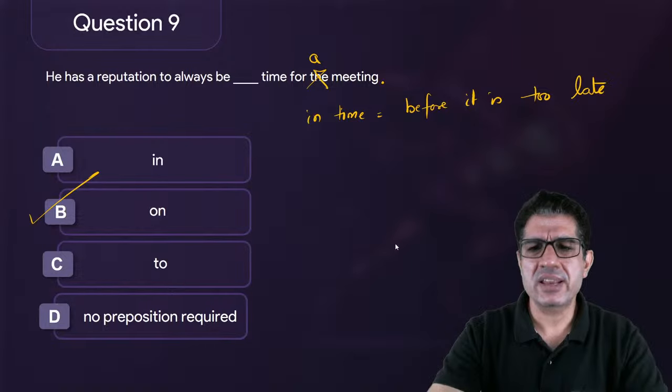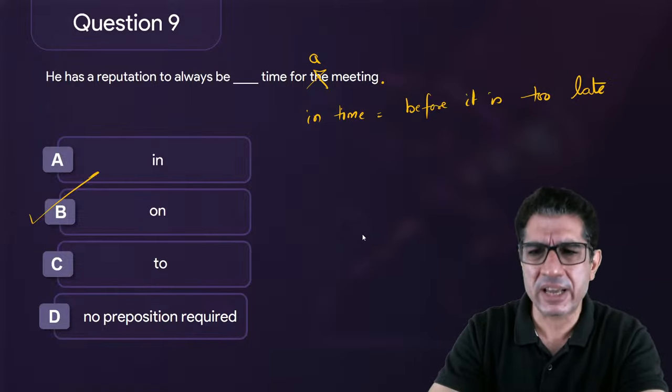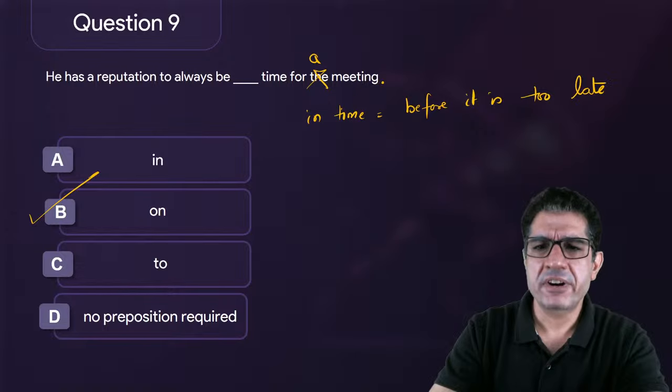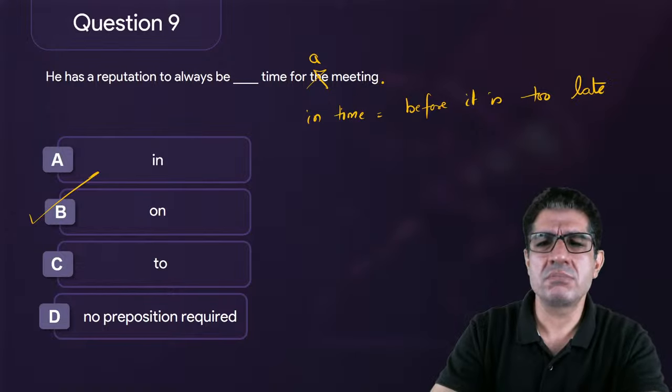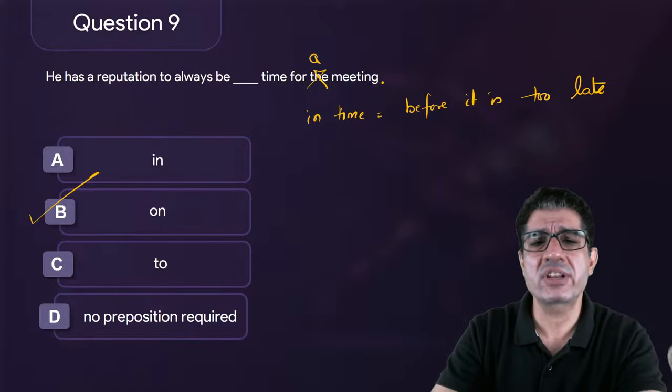On time, on the other hand, simply means activities that happen at an appointed time, appointed place, scheduled time. So, for example, if I talk about transportation, meetings, class schedules, all of these things, we generally say on time. So, if the class started on time, it means that it started at the time at which it was scheduled.